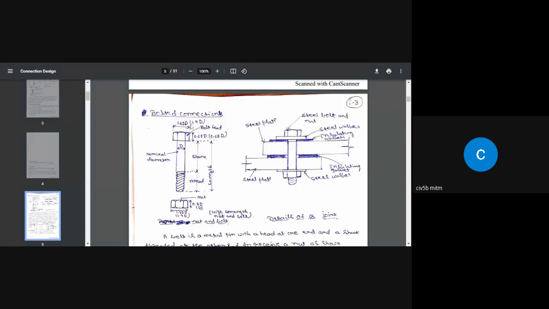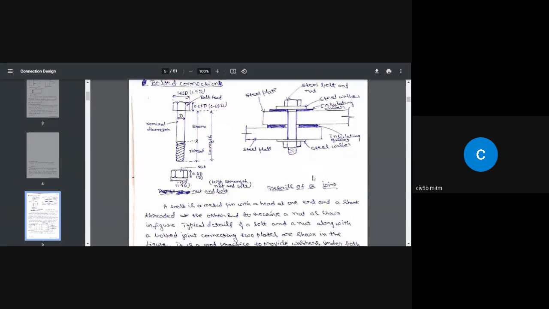So whatever bracket value is given is applicable for high strength nut and bolt. That means if you take a high strength bolt and nut, the diameter of the head is equal to 1.9 D, whatever is there in the bracket.